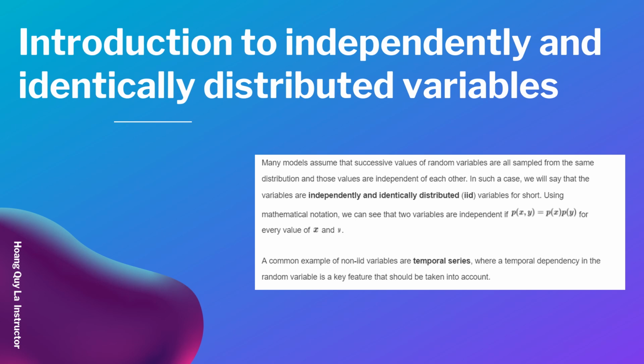Using mathematical notation, we can say that two variables are independent if p(x,y) equals p(x) times p(y) for every value of x and y. A common example of non-IID variables are temporal series, where a temporal dependency in a random variable is a key feature that should be taken into account.